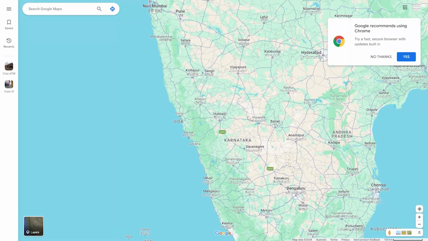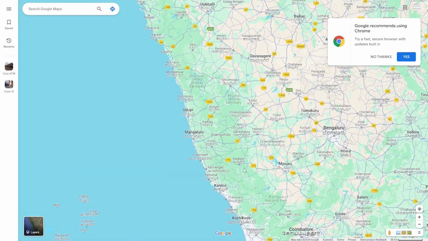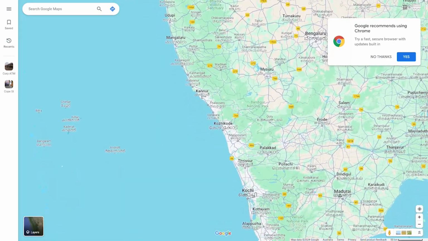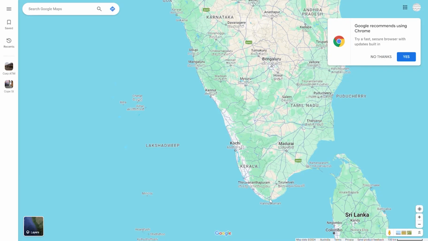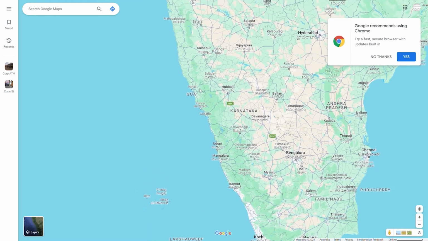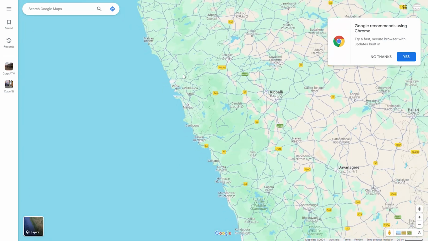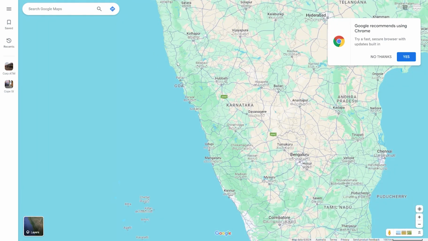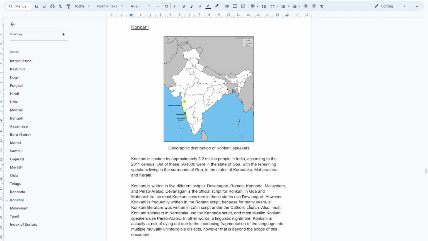To the north you have Maharashtra, to the east you have Karnataka, and to the south you have Kerala, which is this really long state that covers most of the southeast coast. So Goa is kind of a pocket, and surrounding this pocket is where you'll find most of the Konkani speakers.